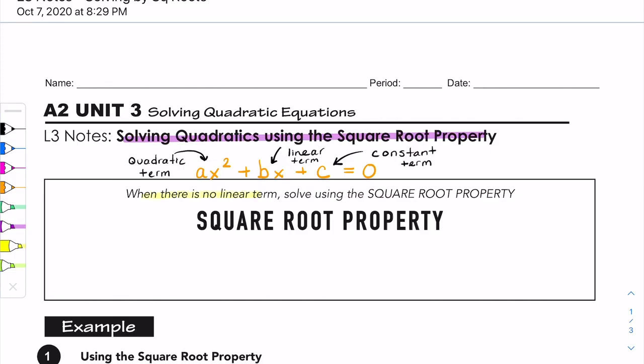So when there is no linear term, that would be this term right here, you want to solve using the square root property.